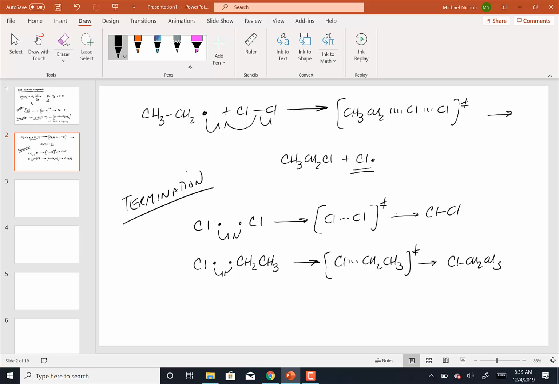In the third step, it's a brand new product, because what would happen if two CH2 radicals happen to come together? Then we would form a carbon-carbon bond, and we would form a molecule of butane.